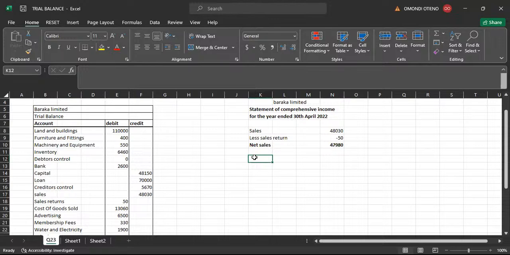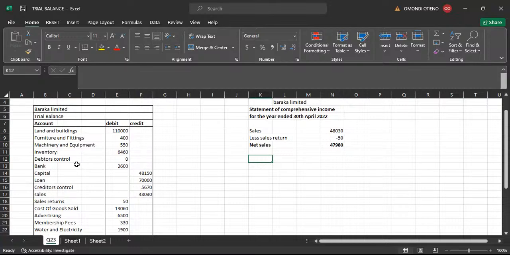For us to get cost of sales, it is opening stock, add purchases, less returns outwards, add carriage inward to get cost of goods available for sale. And then we subtract the closing inventory for us to be able to get cost of goods sold.